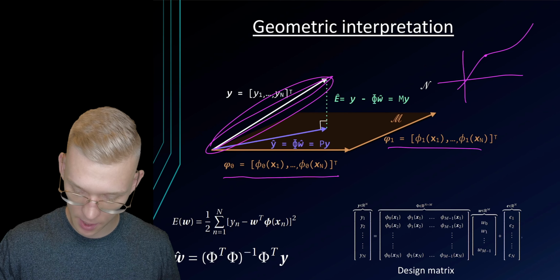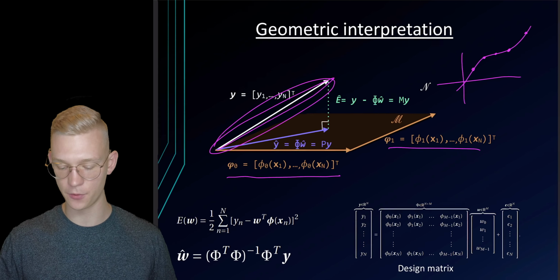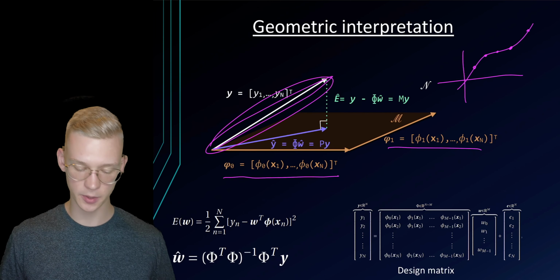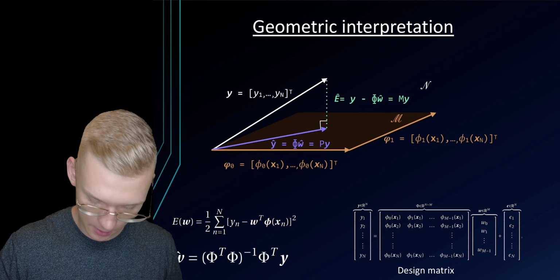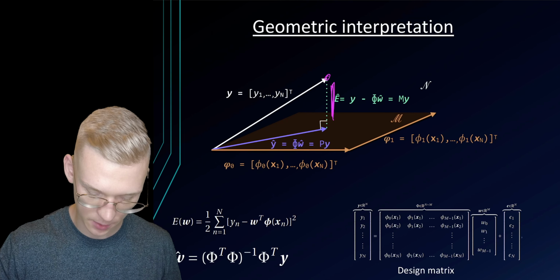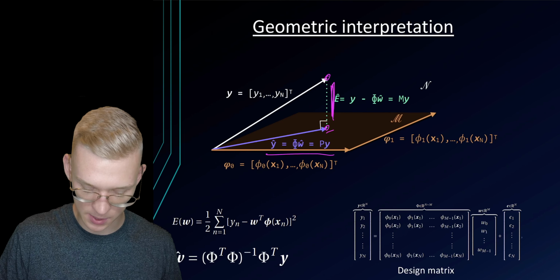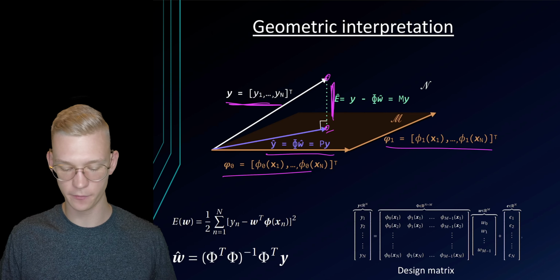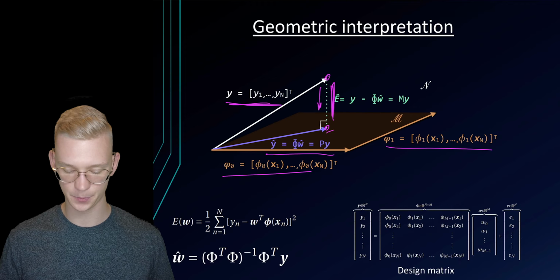But this is mostly not the case, so you can interpret that we want to minimize the distance from that point to that point. This is our projection into the space that we built with our basis functions, and this is our actual true vector, and we want to get this distance as minimal as possible.